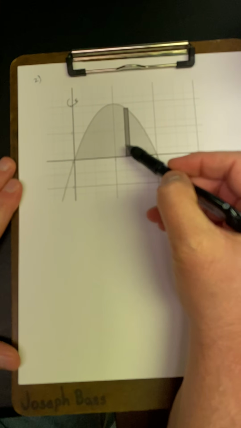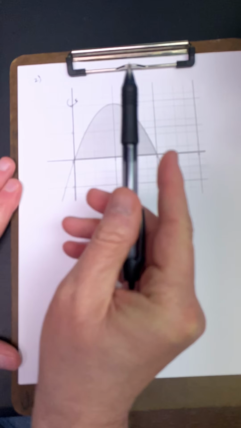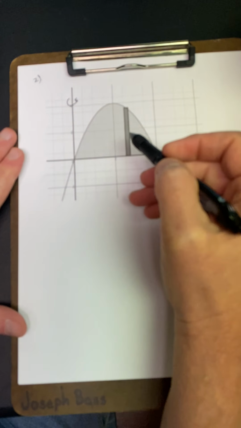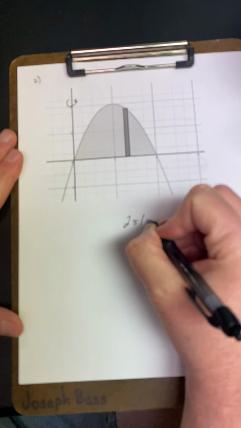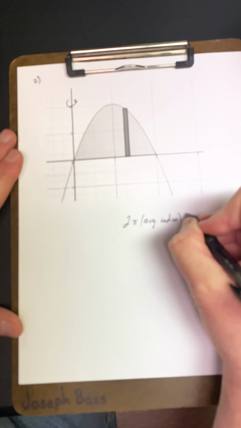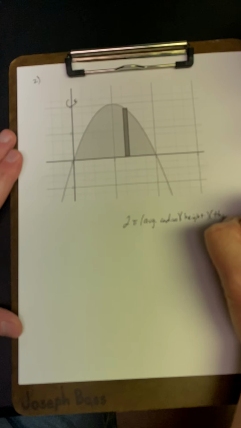This vertical rectangle, if I revolve that about this axis, is going to create a cylindrical shell. And the volume of a cylindrical shell, remember, is 2 pi, the average radius, the height, and the thickness of the shell.